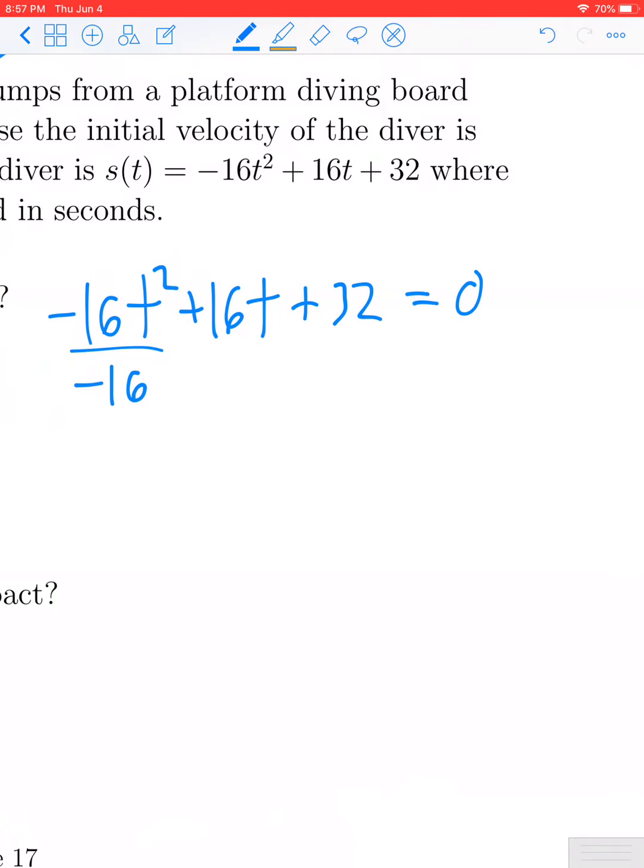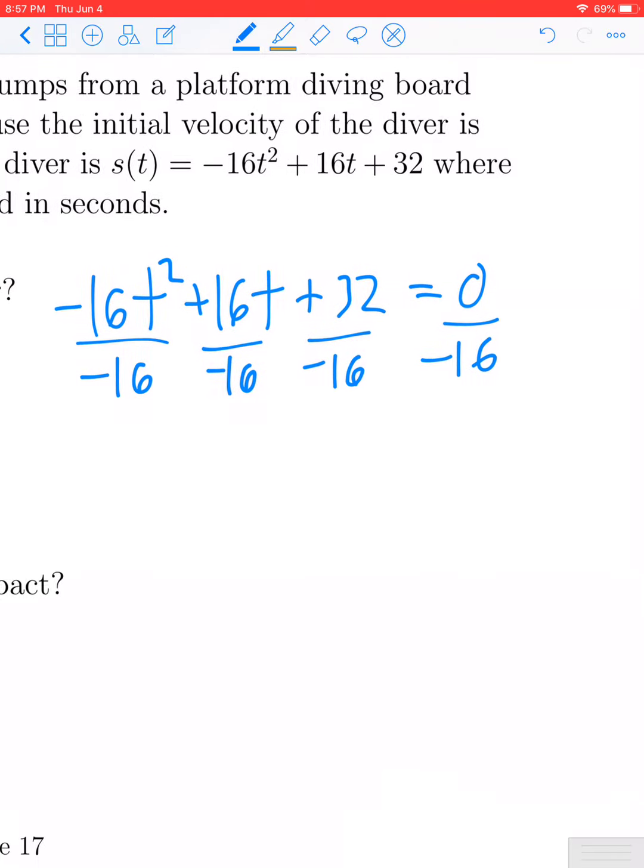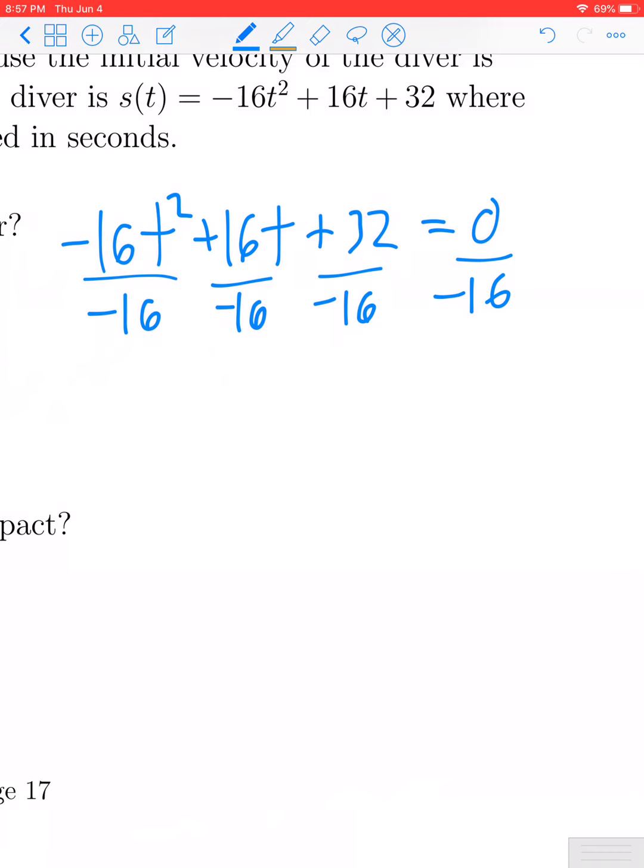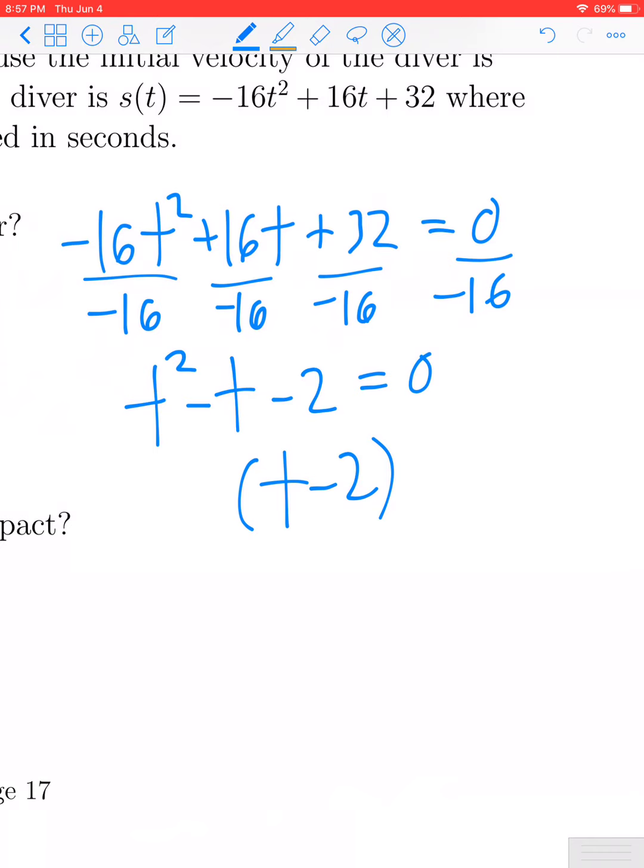Furthermore, we can reduce all of these coefficients because every single term is divisible by 16. But because the leading coefficient is negative, I would prefer for it to be positive, so we can divide everything by negative 16. This gives us the much simpler and equivalent t squared minus t minus 2. This factors as t minus 2 times t plus 1 equals 0.